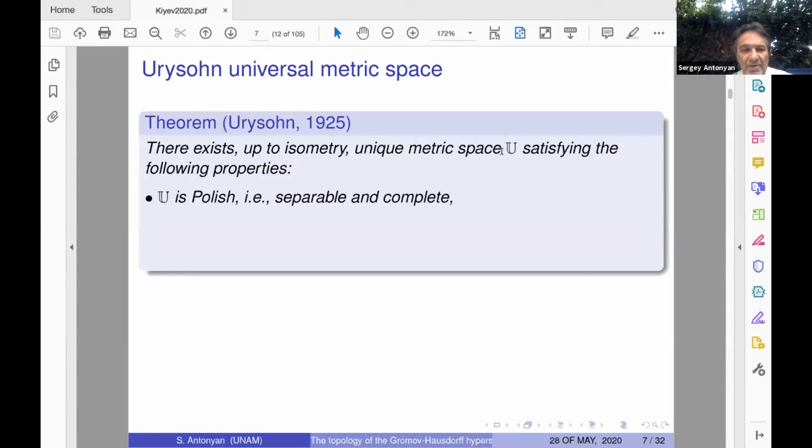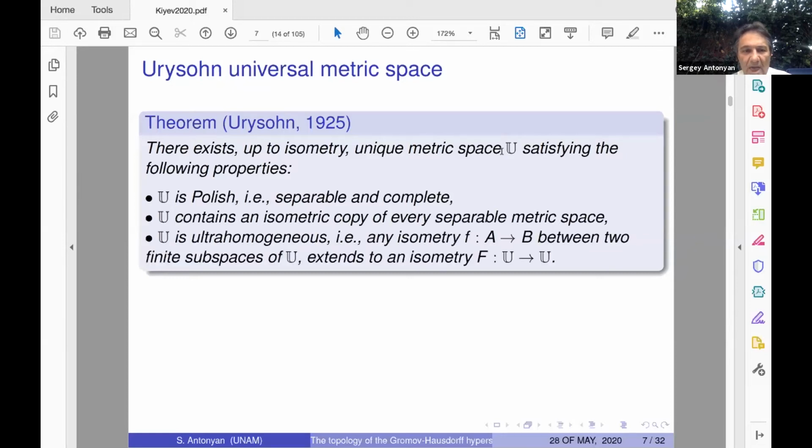In topology, it means that it is a separable and complete metric space. U contains an isometric copy of every separable metric space. And U is so-called ultra-homogeneous, which means that given any isometry between two finite subspaces of U, this isometry extends to an isometry of the whole space U.